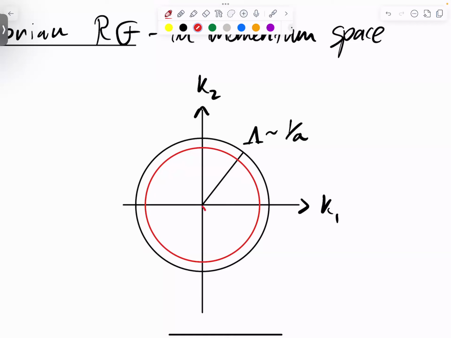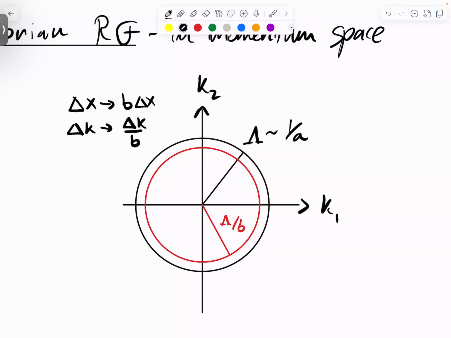So we define a second radius. Let's call this lambda over B. Remember, B was our stretching parameter. Remember that we went from delta X to B times delta X being the scale. Now it's delta K goes to delta K over B. And that makes perfect sense, right?